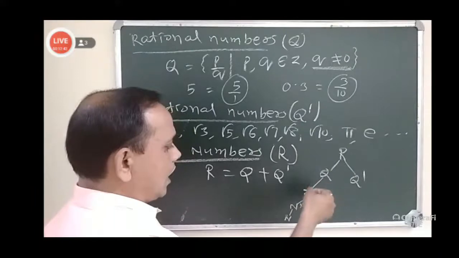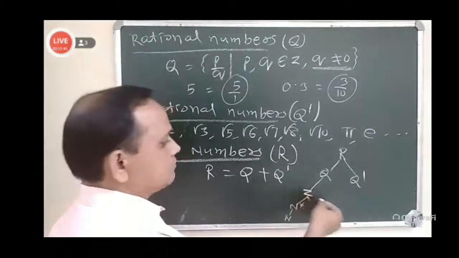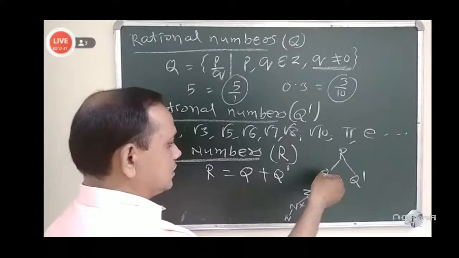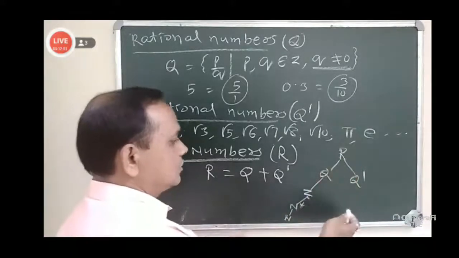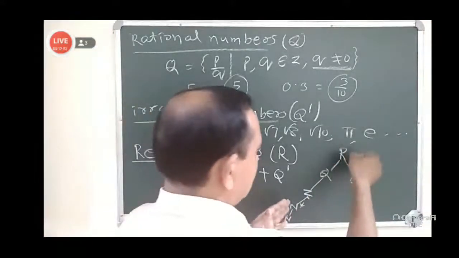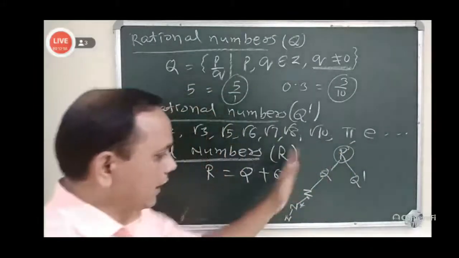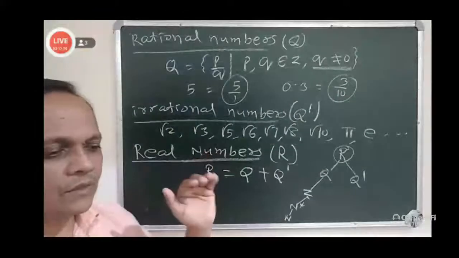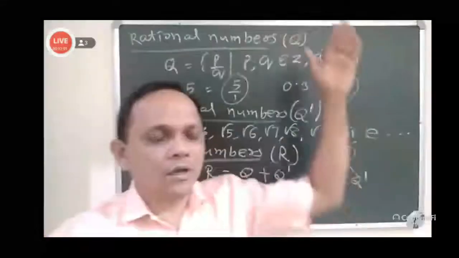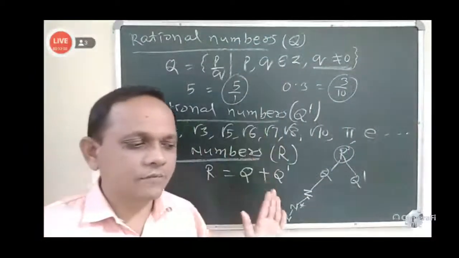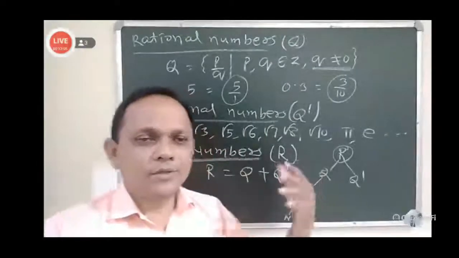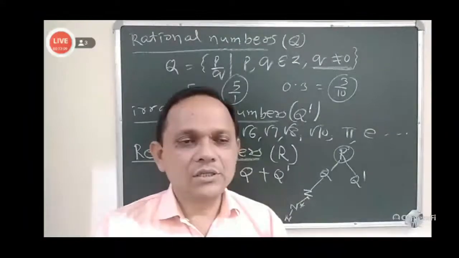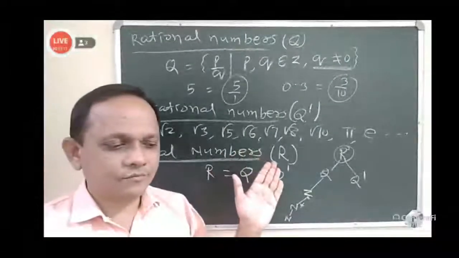The whole numbers are in integers. All integers are rational numbers. All rational numbers are real numbers. This is the diagram of the number systems. We have discussed the fundamentals of the number systems, which we covered in classes 8 and 9, the lowest classes.